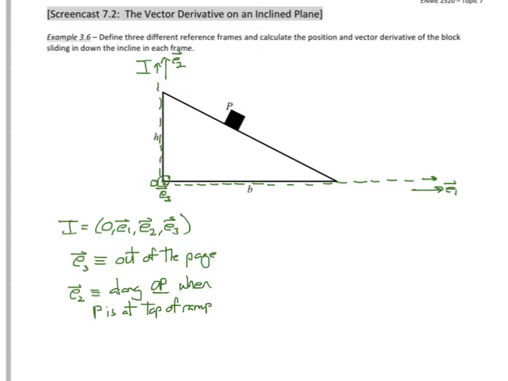And so what we're doing here is setting our basis vectors based on real life, based on this actual system, in which these directions, out of the page and along OP when P is at the top of the ramp, are tangible physical ways to define this, and they're unambiguous. There's no other way that you can interpret either one of these statements except for the way that we've drawn our basis vectors.